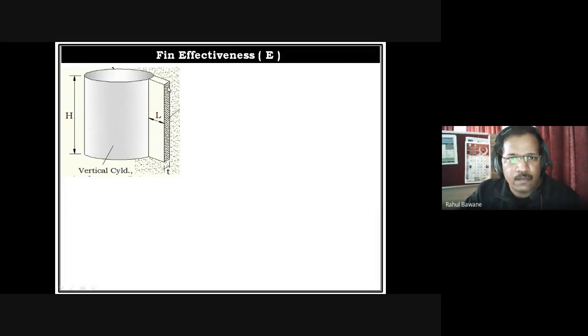Even though I am adding the fins to increase heat transfer, the actual effect will be that it reduces the heat transfer.